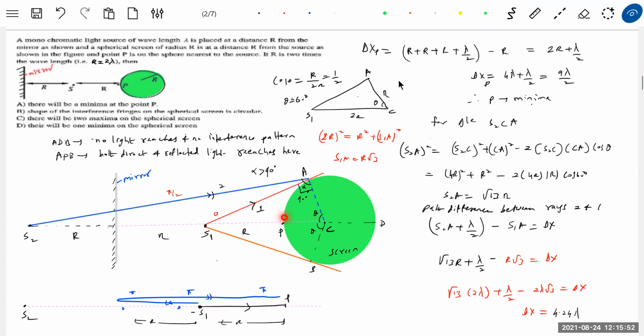Okay, now what we do here: the path difference here is 4.24, somewhere here 4 lambda, 3 lambda, 2 lambda. But how much do we have here? Look at this one, this is very important: 9 lambda by 2, 4.5 lambda is what we have here.